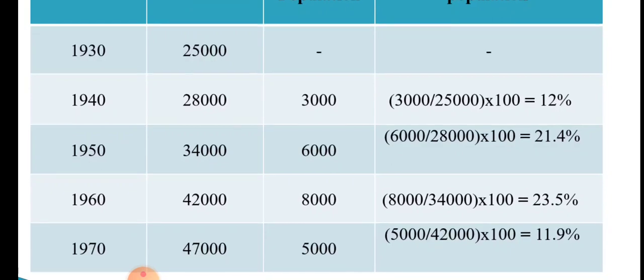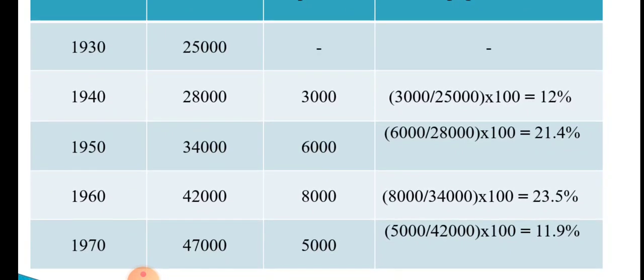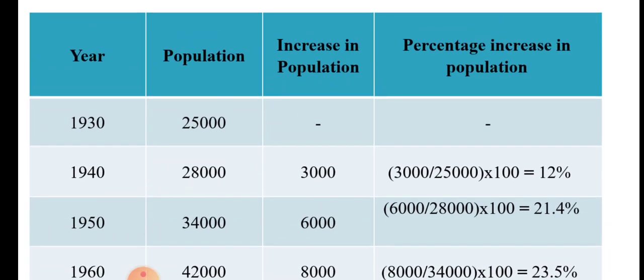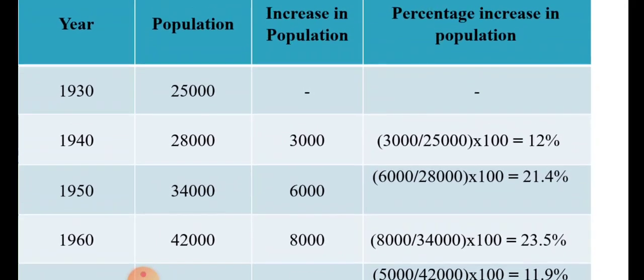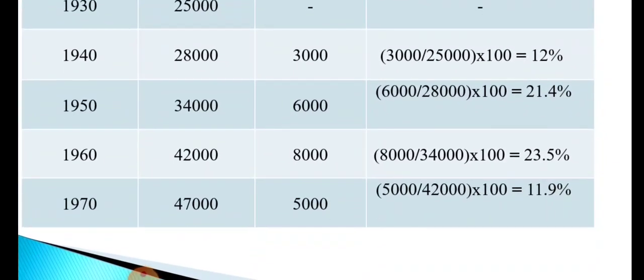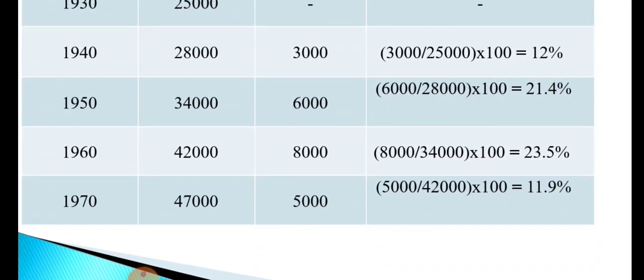So that is 21.4%. Similarly, we compute the percentage increase in population for the next 2 decades, between 1950 and 1960 and between 1960 and 1970.